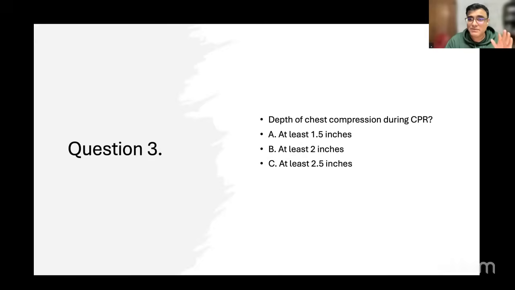The correct answer here will be B, at least 2 inches. You have to maintain your chest compression depth, and the maximum you can go is 6 centimeters. If you go deeper, there are more chances of causing injury. So you have to keep that in mind. The correct answer is B, at least 2 inches.